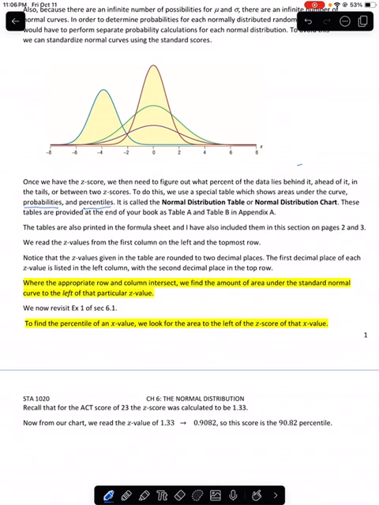These tables are provided at the end of your book in tables A and B. So there are two tables. We have them here in these notes and in appendix A. They are also printed on your formula sheet. So when you are doing homework problems, you can have your formula sheet open. I believe they give those when you are doing the online homework. They are accessible through the online homework.